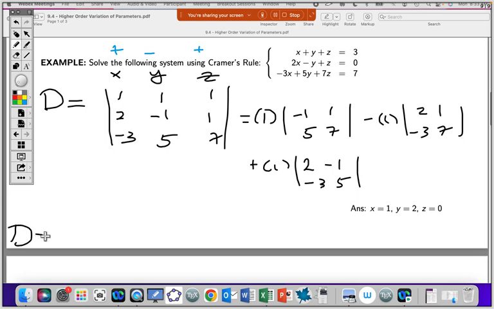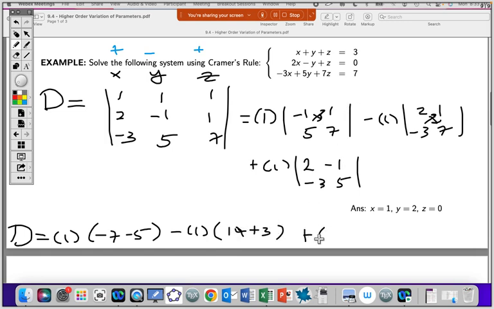So now we evaluate these as usual. I've got the 1 here. You do the zig minus the zag. I've got a negative 7 minus 5. Minus a 1 times, you've got a 14. Minus a negative 3. So that's really 14 plus 3. Plus 1 times 10 minus a positive 3.